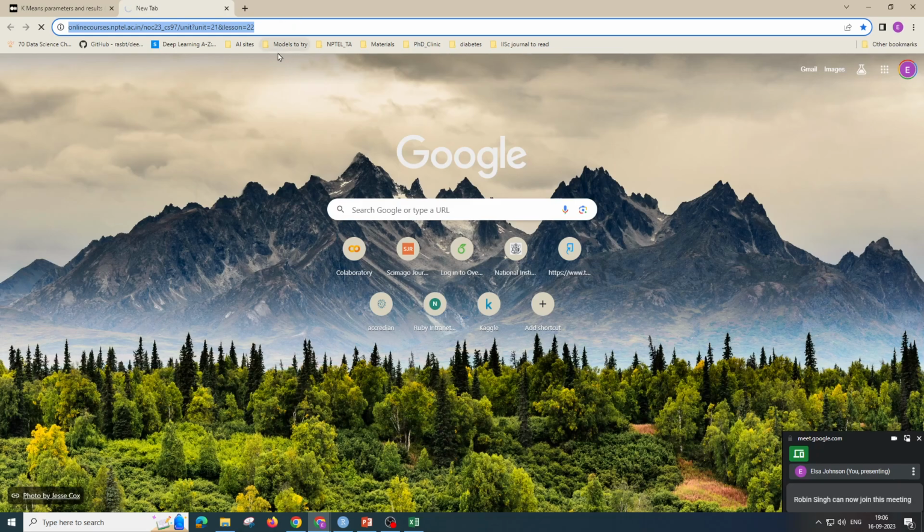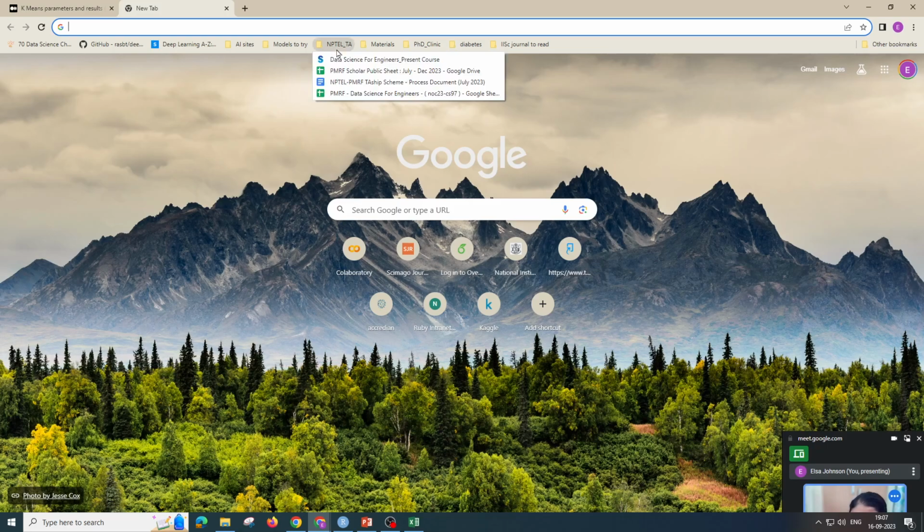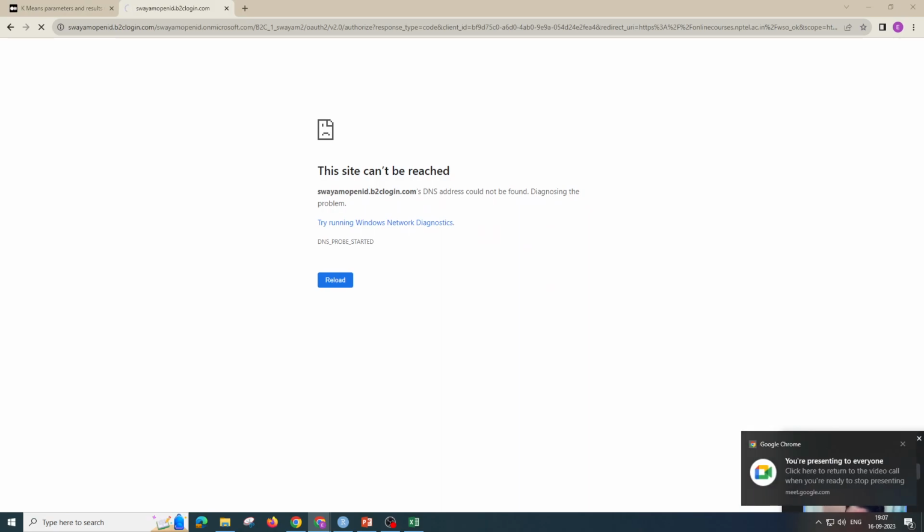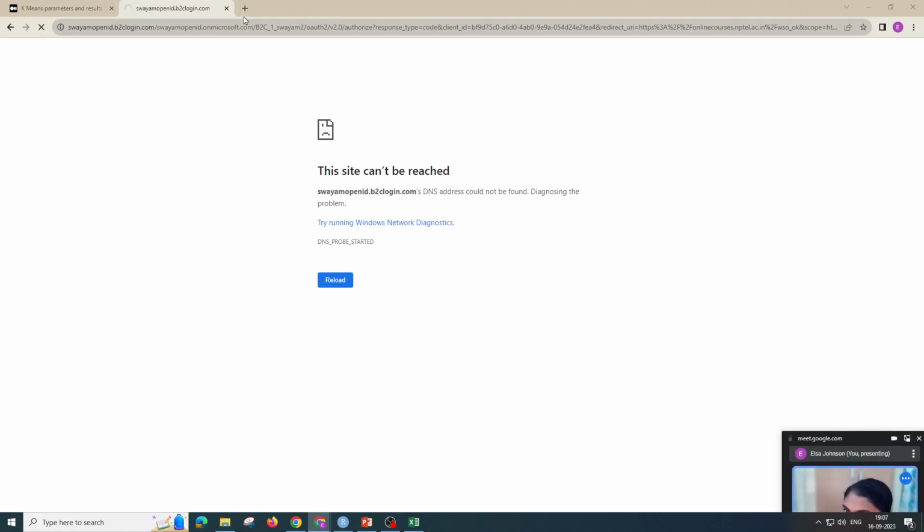I think mail has been given to you. I think this is not loading, please wait. The SWIME set is not opening right now. What can I do? I will just put the drive link.